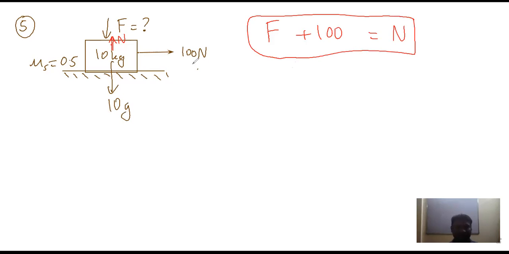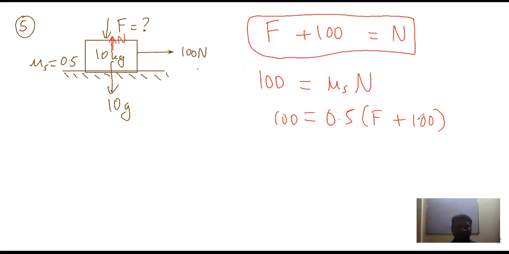Then let us consider horizontally. We have applied force 100, that is equal to mu s into N. Mu s value is given as 0.5 and N we have already calculated as F plus 100. Let us solve this equation. I have substituted this value of N here: mu s is 0.5, N is F plus 100.